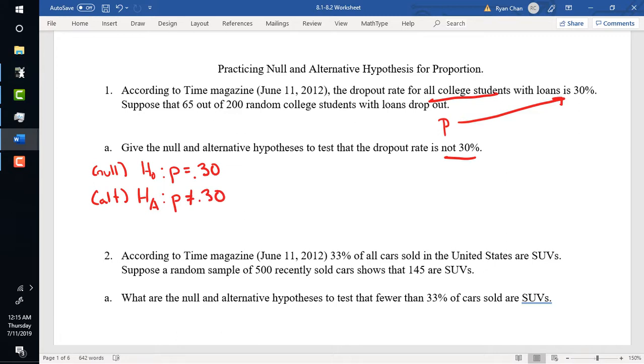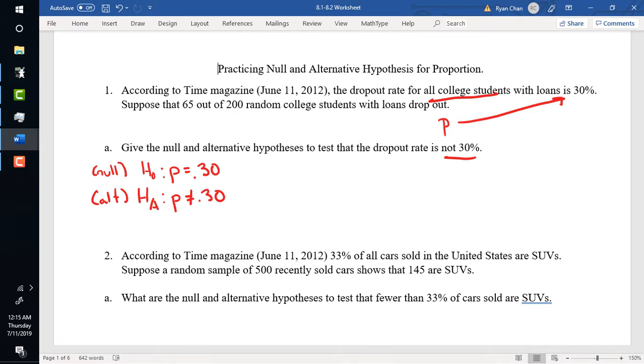Let's also talk about something in particular. Your null and your alternate will always use the same number. Notice my null is P equals 0.30 or 30%, and my alternate is P is not equal to 0.30 or not equal to 30%. It doesn't make sense for me to say P is equal to 12% and then say P is not equal to 13%.